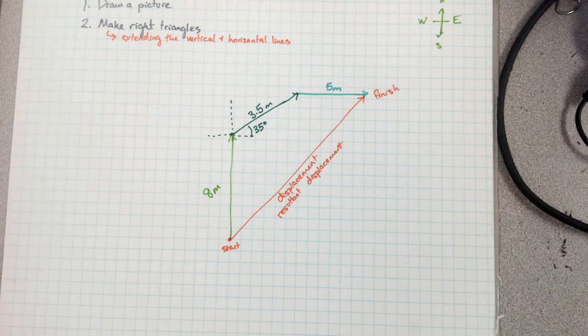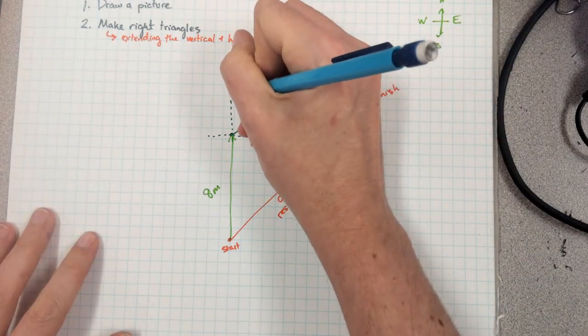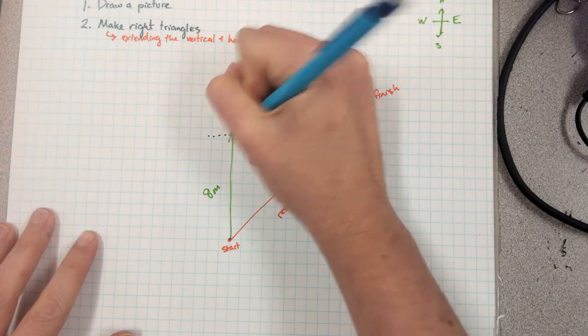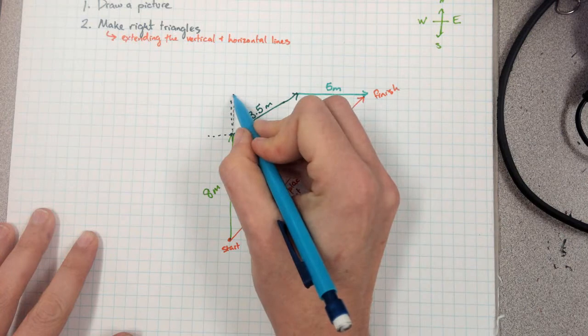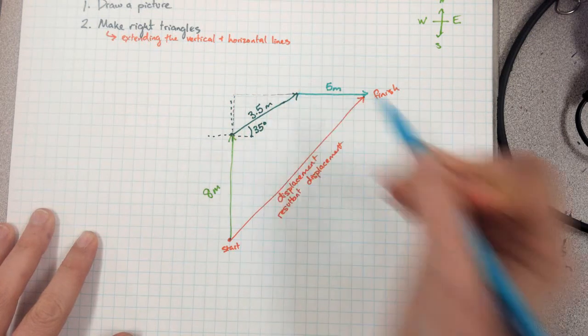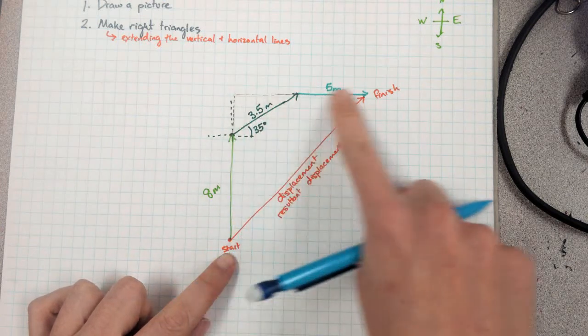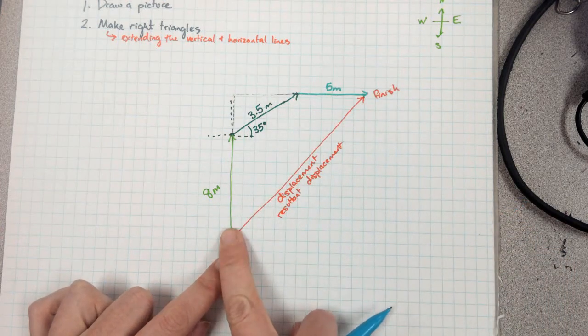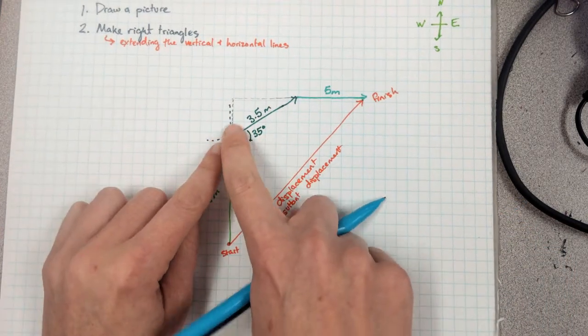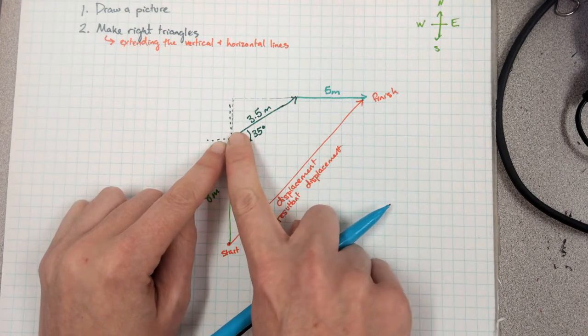The most common way to make right triangles is by extending the vertical and horizontal lines. We have one there and one there. And that makes a nice big right triangle. It also makes another little right triangle.